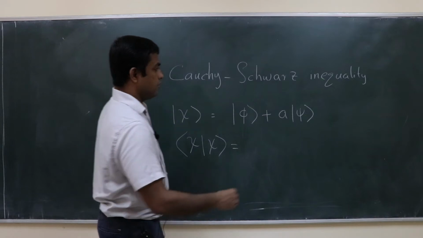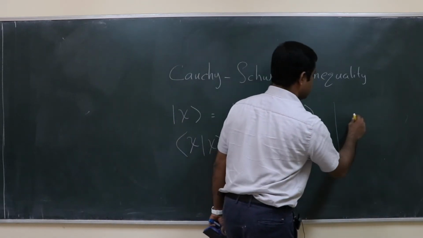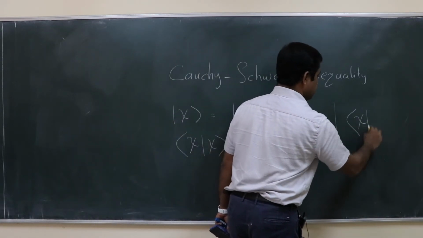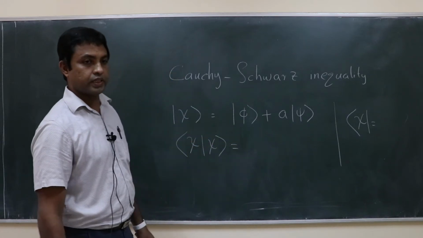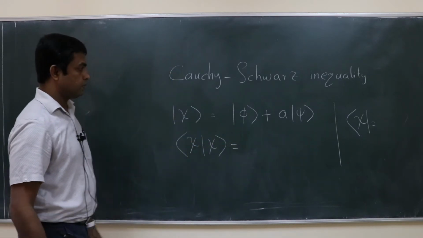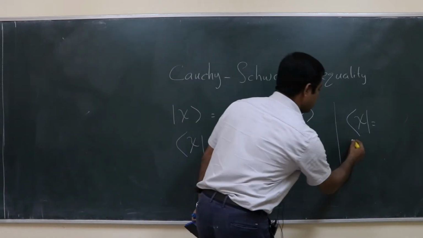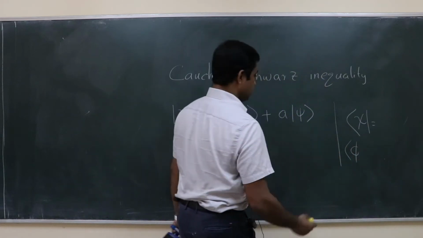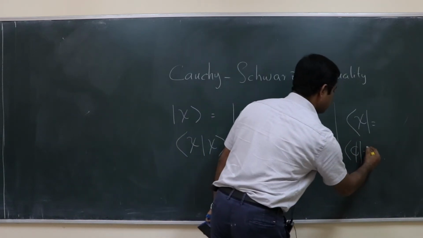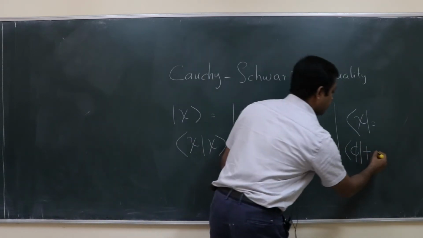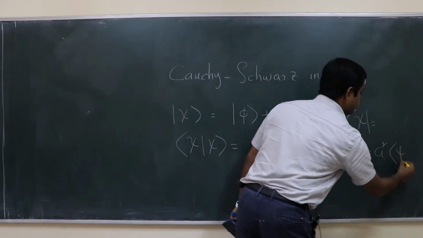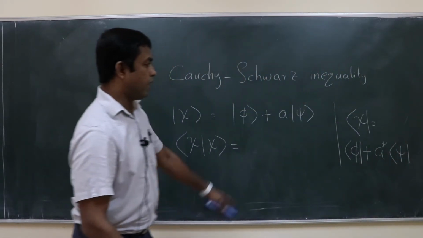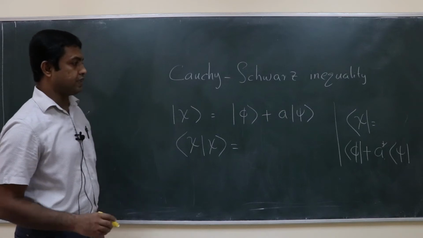What is bra chi from here? Bra chi is bra phi plus a star bra psi.